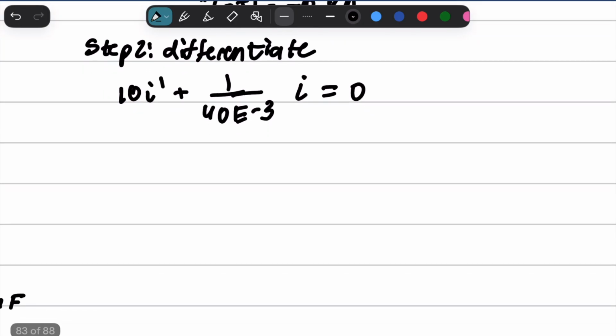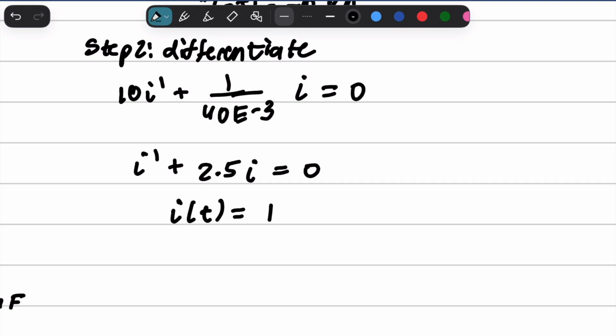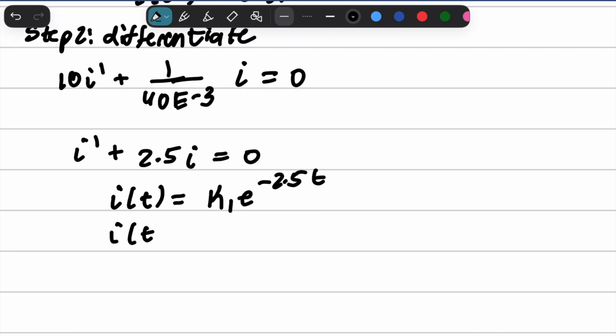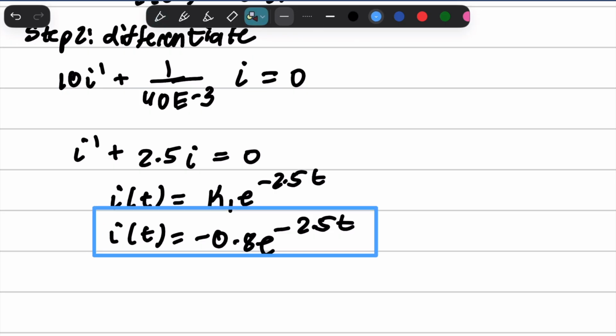We're going to divide both sides by 10, and thankfully we're going to get I prime plus 2.5I is equal to 0, and that's just a homogeneous differential equation, so we can easily apply k1 e to the negative 2.5t, and since there is no other constant here, we can just simply say that I of t is equal to negative 0.8 e to the negative 2.5t. Okay, and that should be the answer.